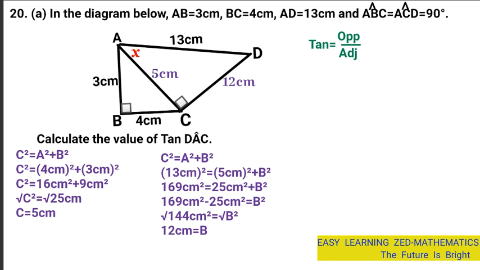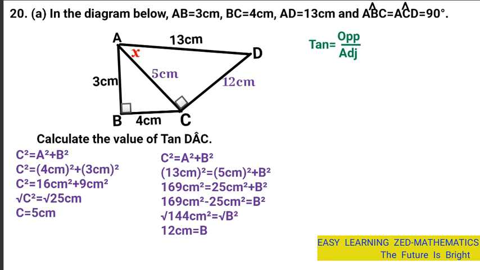So we're going to find the tangent of that. The formula to find the tangent is tangent theta is equal to opposite side divided by adjacent side. The opposite side, the one facing angle X, is 12 centimeter.